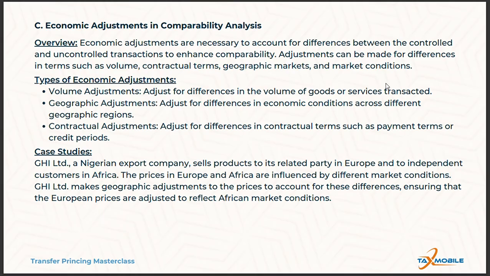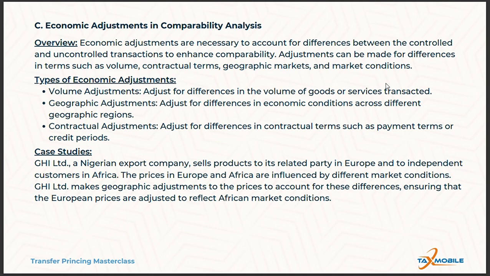One of the most commonly used approaches is the interquartile range, IQR. So let's define what exactly the interquartile range is. The interquartile range represents the middle 50% of data points from a set of financial results, eliminating the influence of extreme values, outliers.